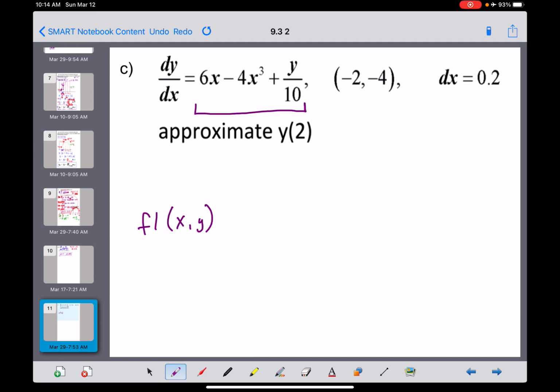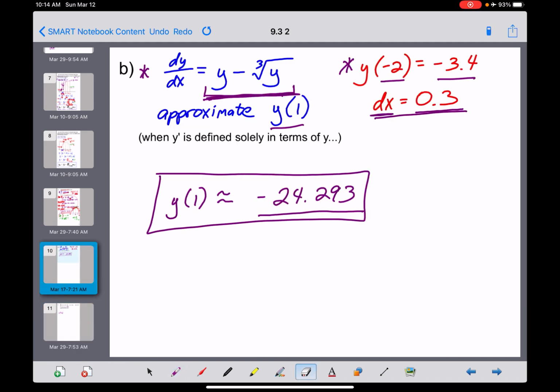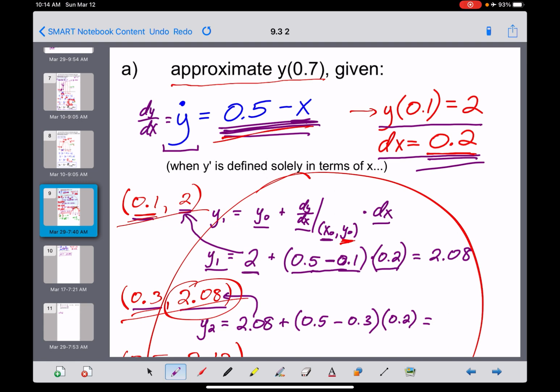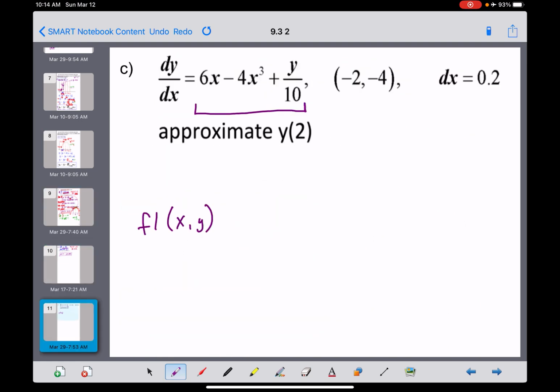We really shouldn't have to go back and change anything at all. Even though here, we really only needed it to be f1 of y. And in the first example, we really only needed it to be f1 of x. But by having both variables there, this is going to go much faster and much easier here.